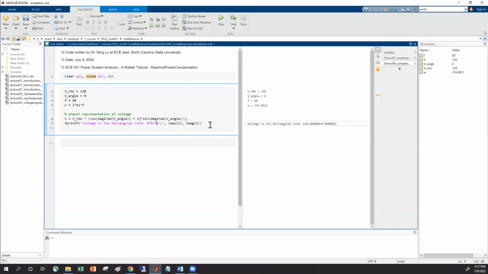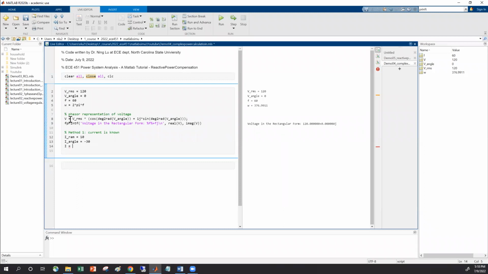Okay, so next we can do method 1, where we know the current. So when the current is known, let's say I RMS equals 10 amps. The angle equals minus 30 degrees, and then we can do I similar to here.